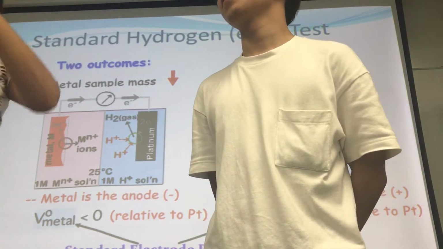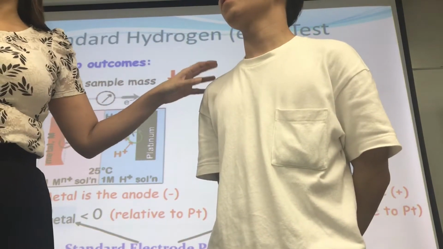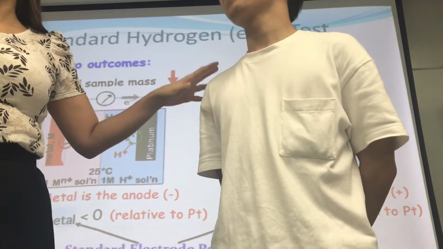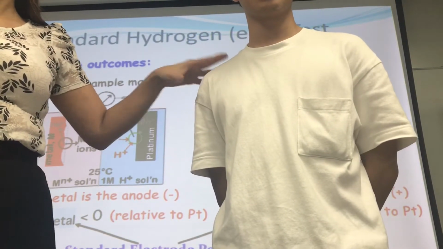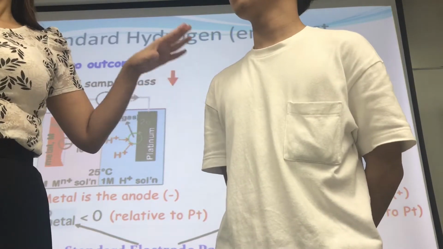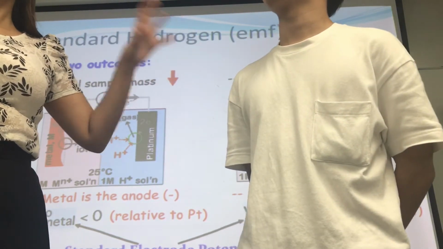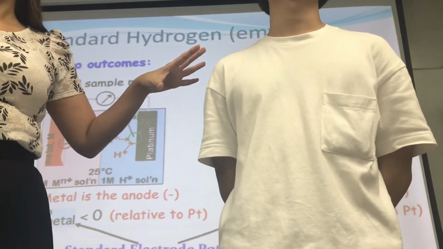Right, but wait. What I need to do is make sure that he is not getting thinner than this. Agree with me? That means he is not losing electron, he is not corroding.